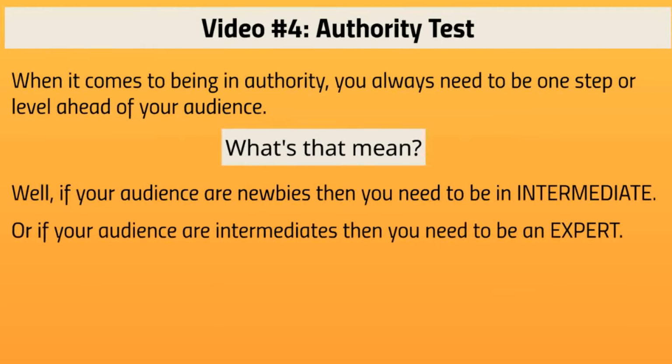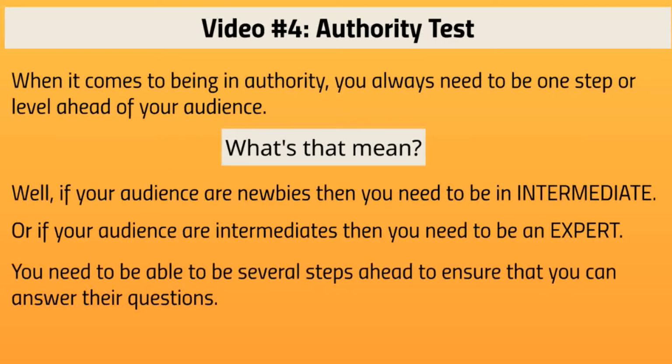Or if your audience are intermediates, then you need to make sure that you are an expert in that niche. And the reason being is because you need to be several steps ahead to ensure that you answer their questions. In other words, you need to make sure that you can gain their trust by providing value, and that way they understand that you have been through what they are going through right now.